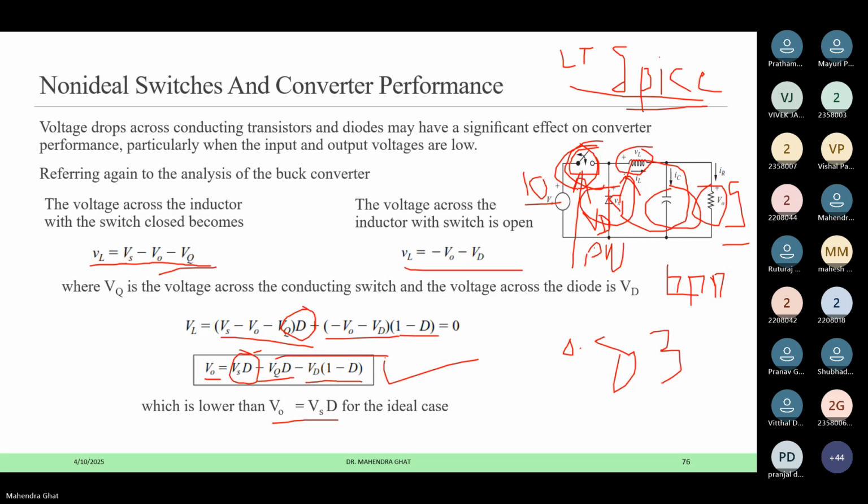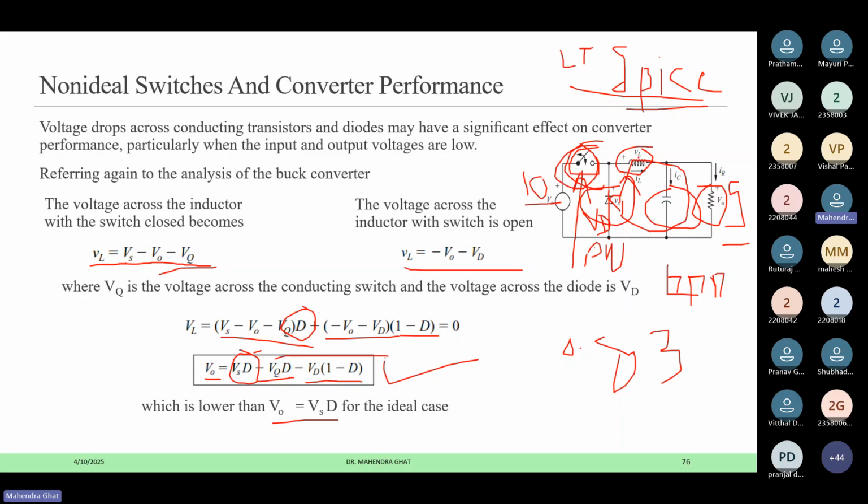Or in MATLAB also you have the facility to add the drop and switching characteristics and everything, and try to analyze how switching happens and what kind of things are happening.